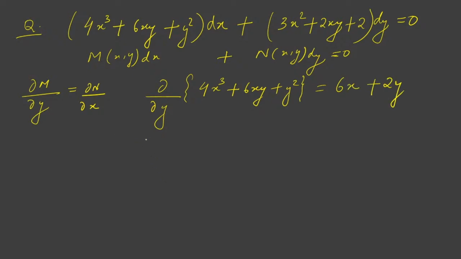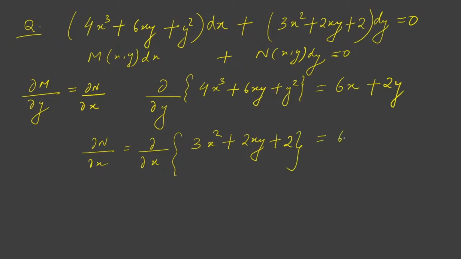Similarly, del by del x of del N by del x: del by del x of 3x square plus 2xy plus 2. Del by del x of 3x square is 6x, right?